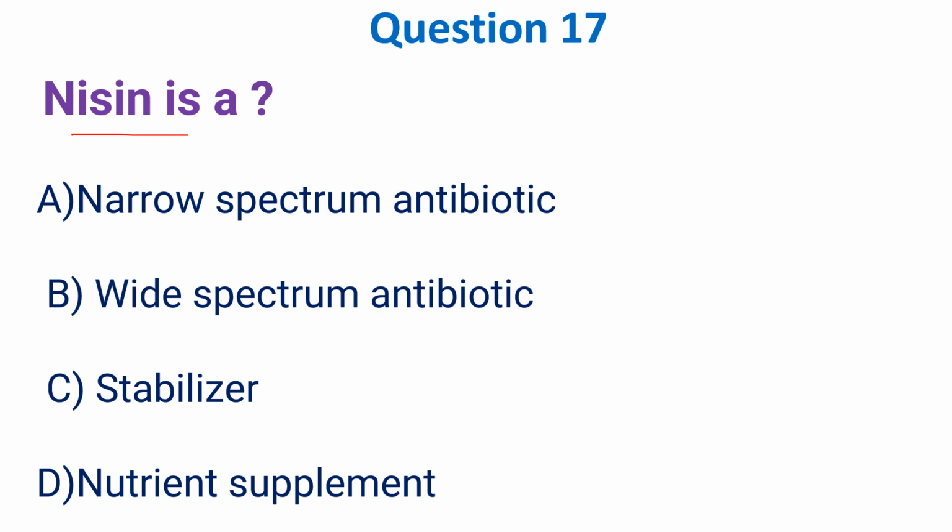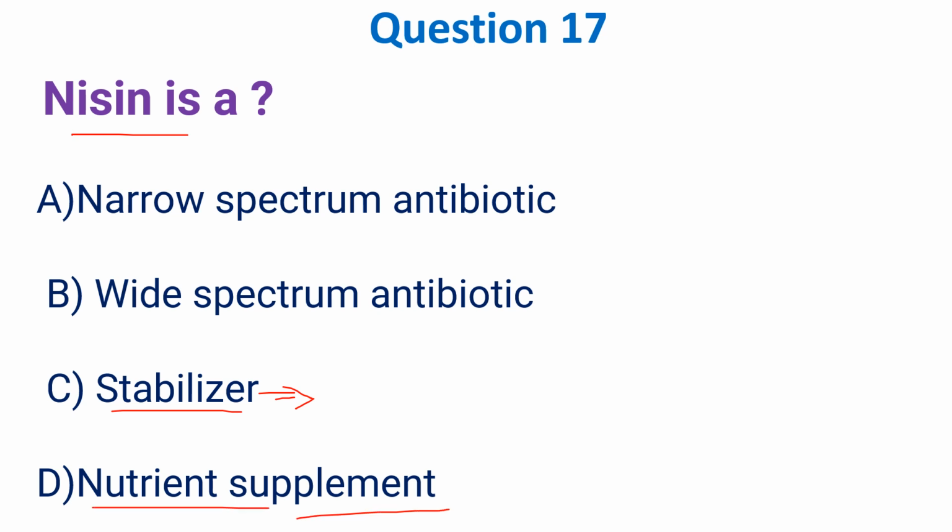The options are A. Narrow-spectrum antibiotic, B. Wide-spectrum antibiotic, C. Stabilizer. What is a stabilizer? We saw that in the previous question. D. Nutrient supplement. What is a nutrient supplement?